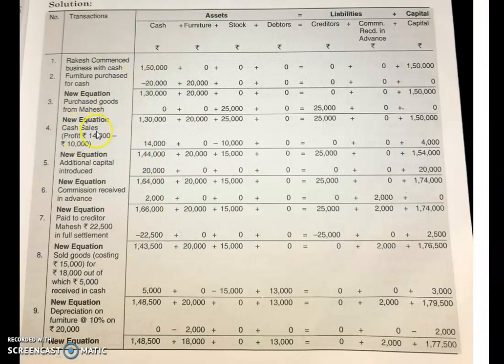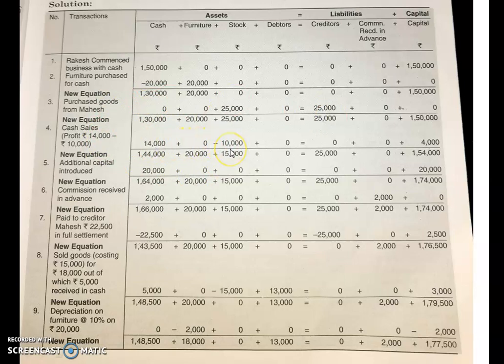You are selling the goods, and how much cash are you receiving? 14,000. What is the value of stock you have sold? It is 10,000. So you are selling 10,000 stock for 14,000. Is it a profit or loss for you? Of course it is a profit. How much is the profit? 14,000 is the profit. Sorry, 4,000 is the profit.